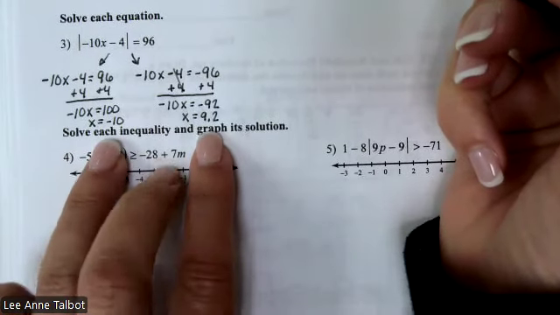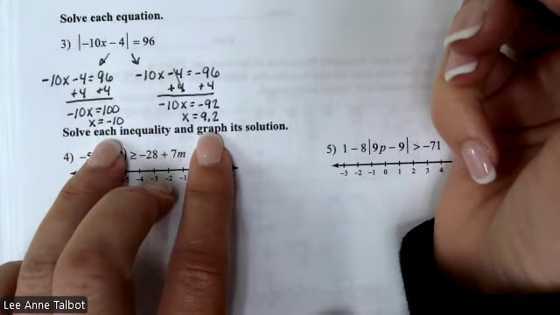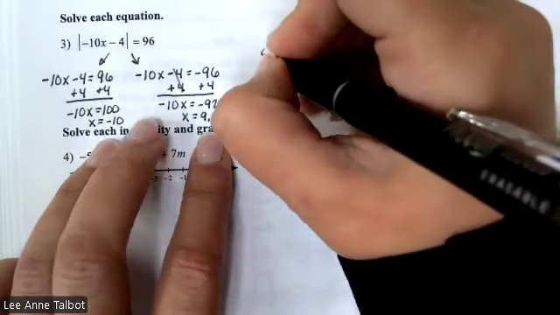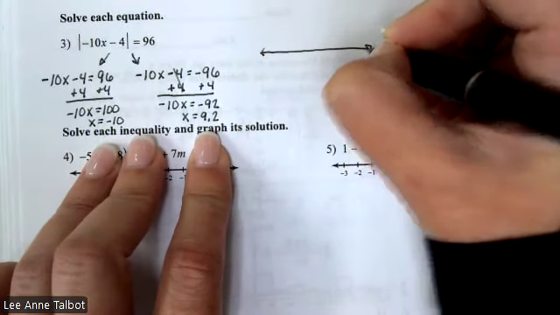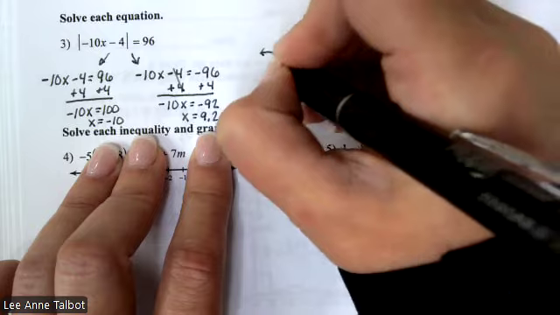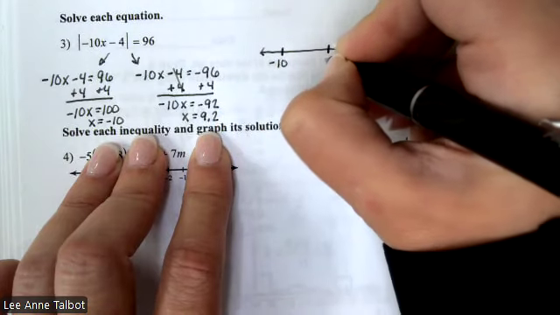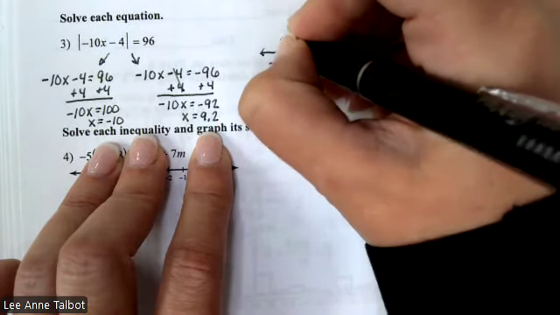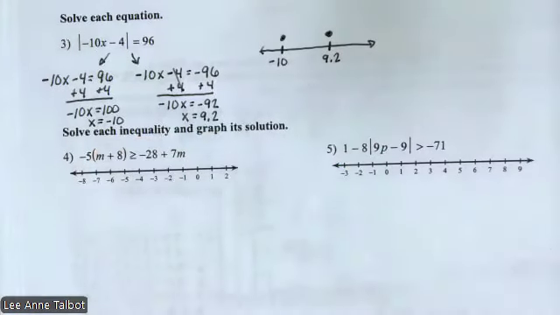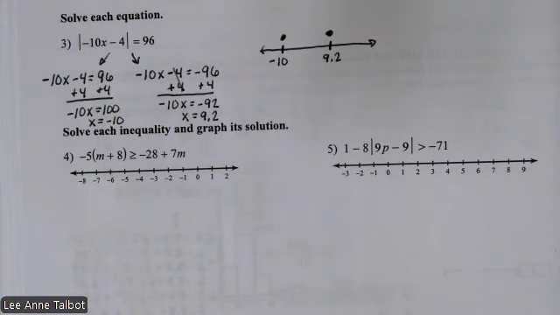So I got -10 and positive 9.2. And number line situation for this is just dots. Man, they could all be that quick.